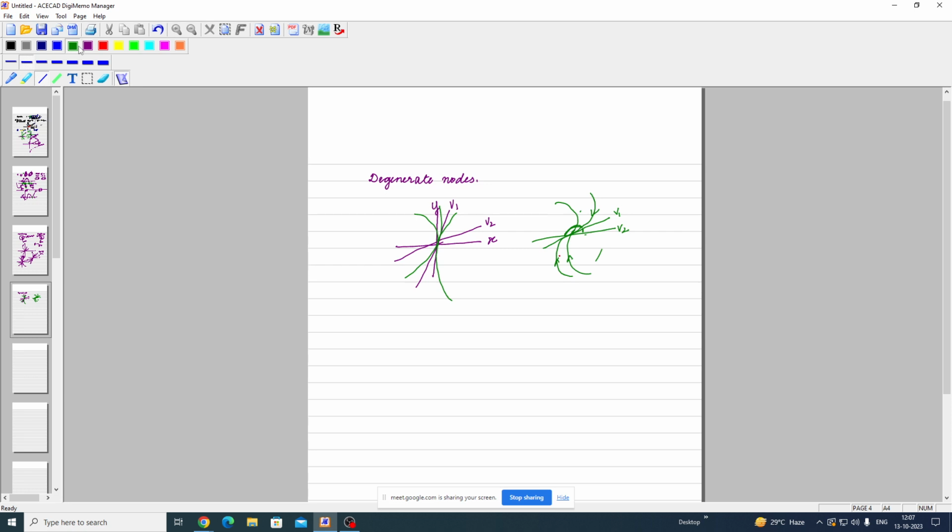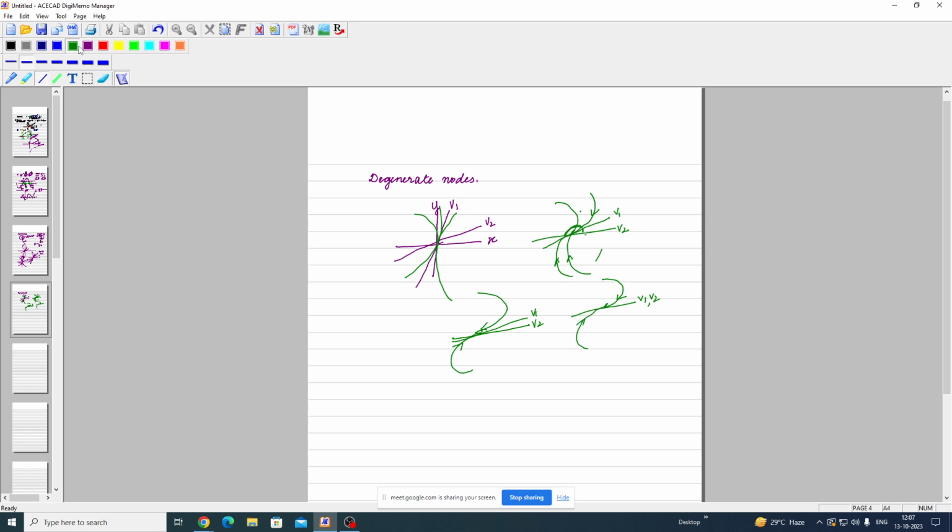Let them come even closer. So now this is v1 and v2 is also very close. The lines are still going to be tangential to v1. But they are very close. Now what happens when v1 and v2 completely coincide? Similar behavior.